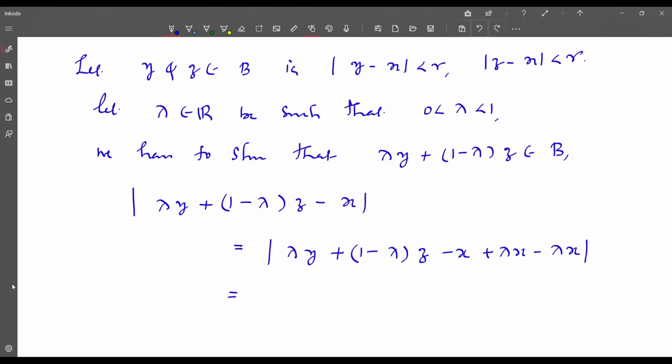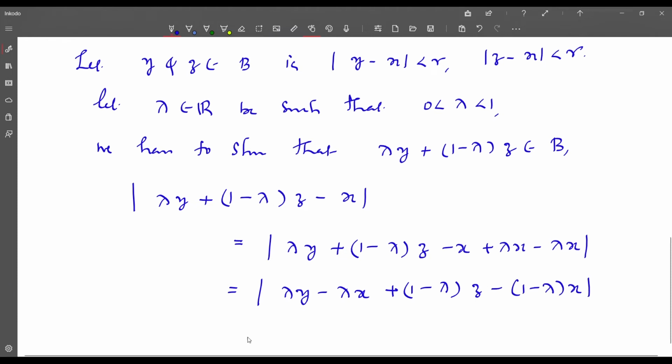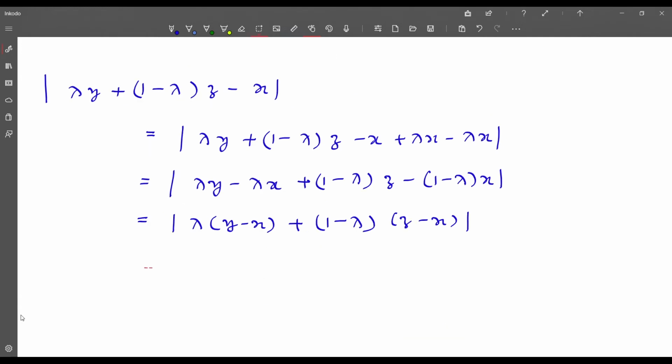So that is less than or equal to λ|y − x| + (1 − λ)|z − x|.